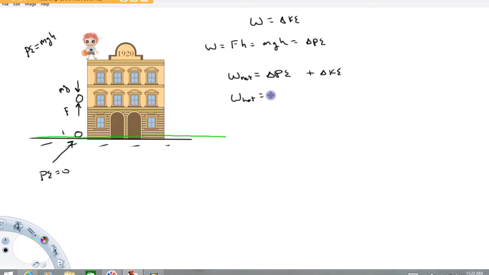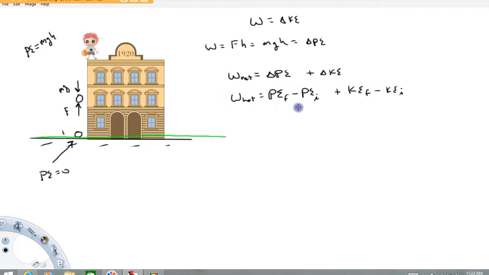The change in potential energy can be written PE final minus PE initial. Remember, change in anything can be written final minus initial. The change in kinetic energy can be written KE final minus KE initial.